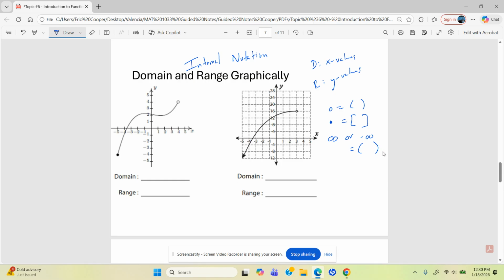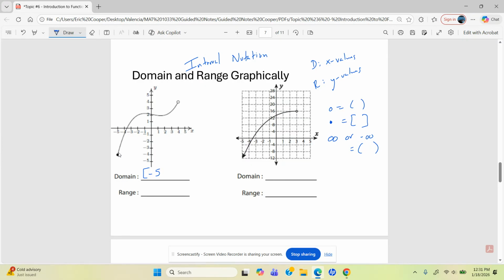As we look at graphs, we're going to look at first the domain, which is the x values, and then we'll head to the range, to the y values. So for the domain, we're going to look at only these values across the x-axis. And we're going to always start with the far left side. We're going to ask ourselves, what is the smallest x value that this graph can hold? So if we go to this point here, furthest to the left, we see this is the smallest it can be, and it corresponds with the -5. So we're going to put -5 to our left side, and it's got a closed dot, so it gets a bracket.